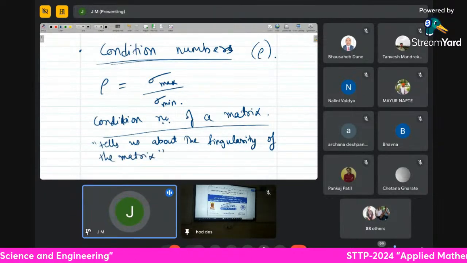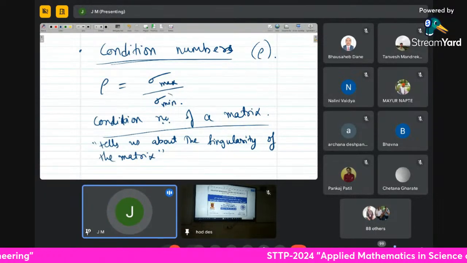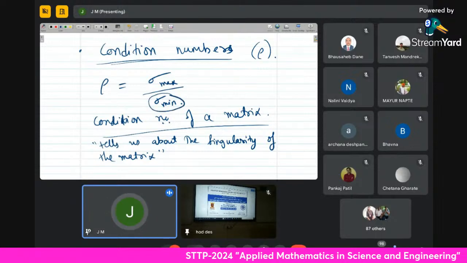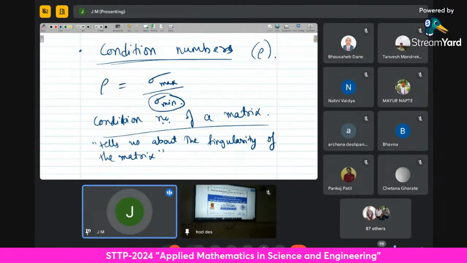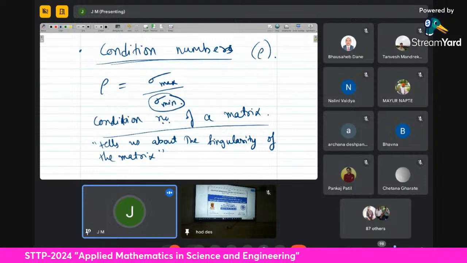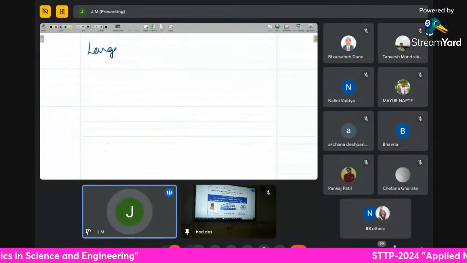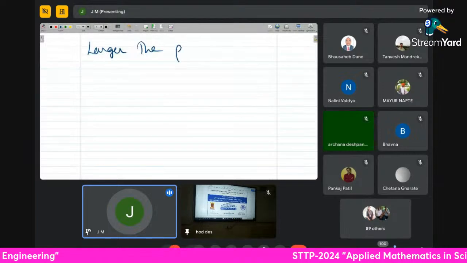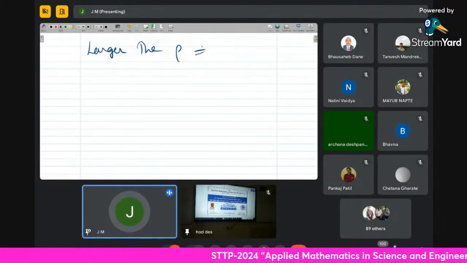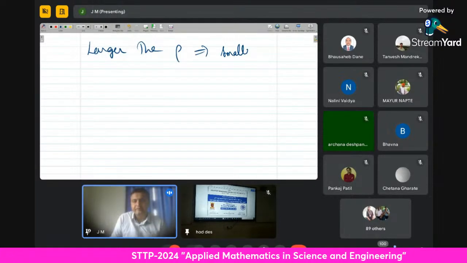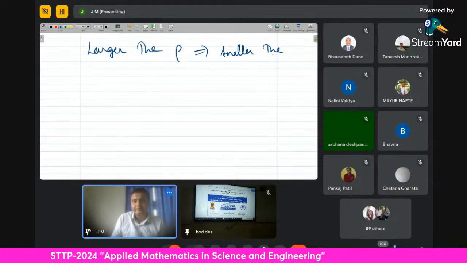How does it tell you? See, the larger the condition number, the smaller the singular value.